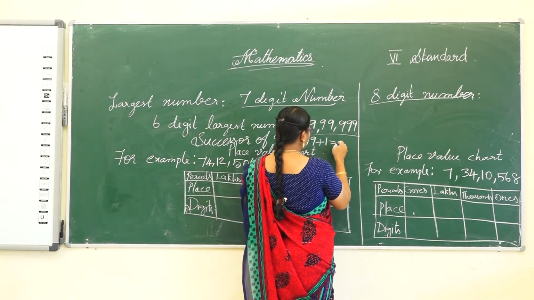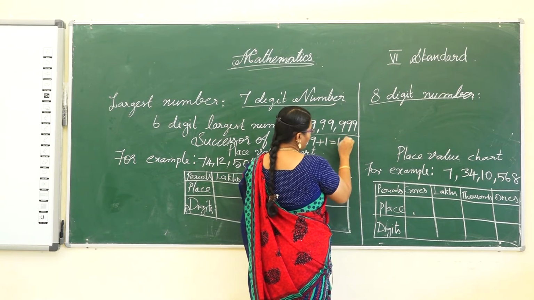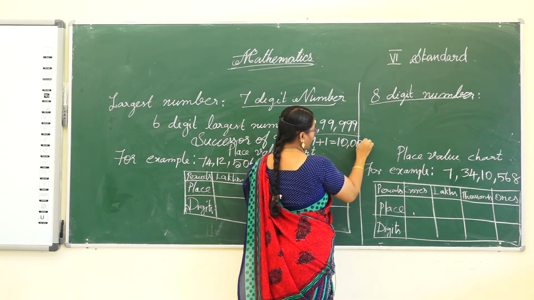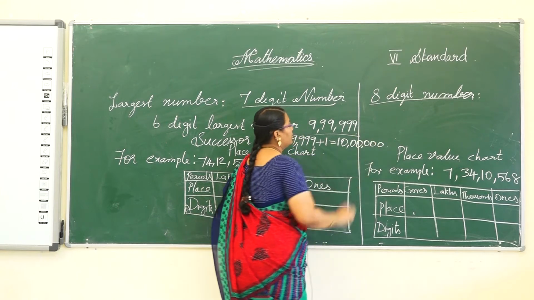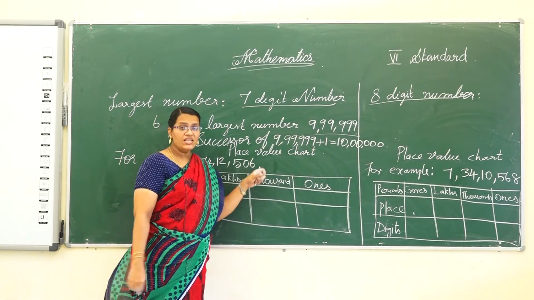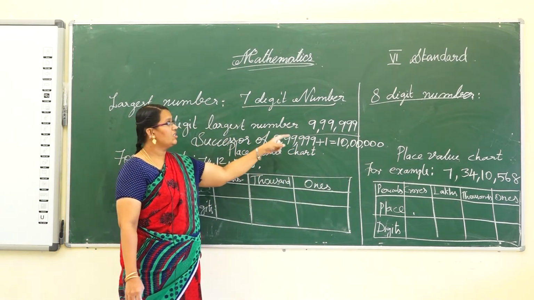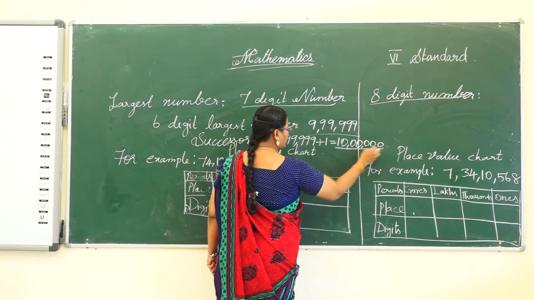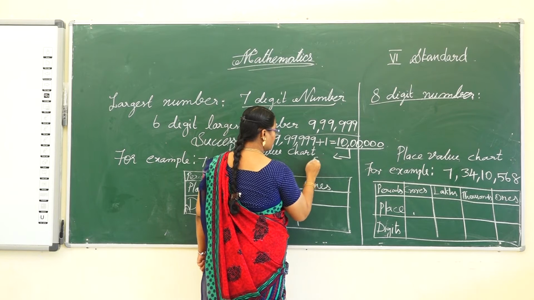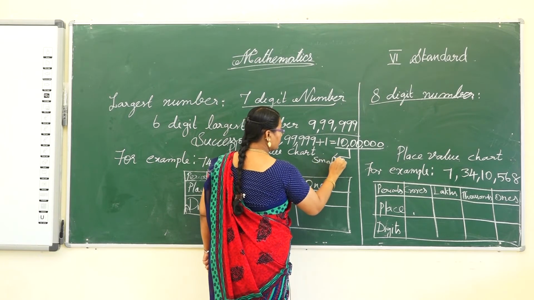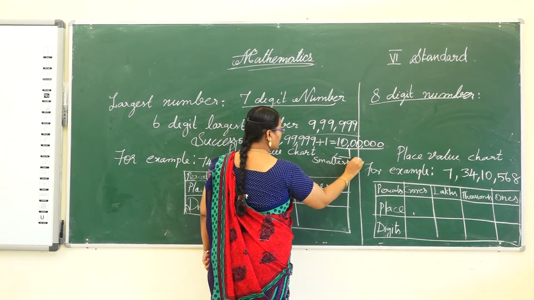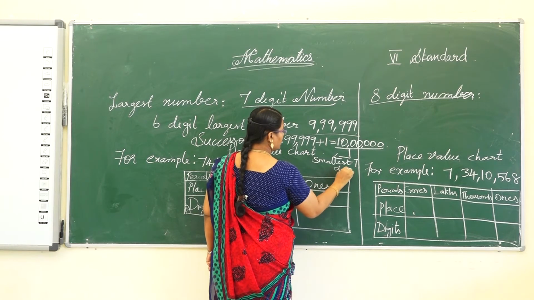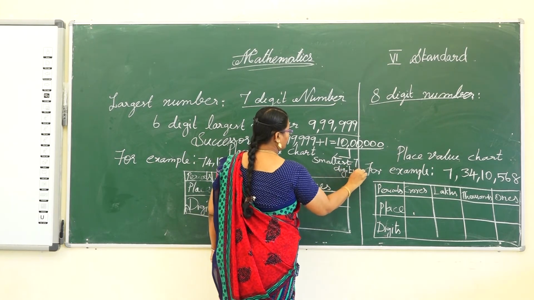What is it? 10 lakh. That is the smallest 7-digit number.